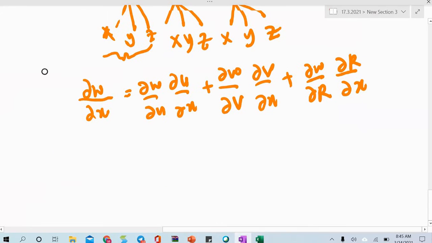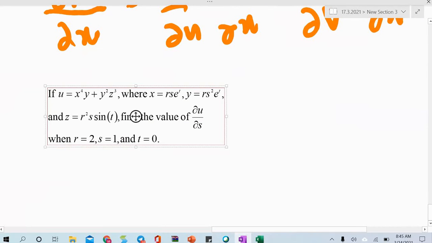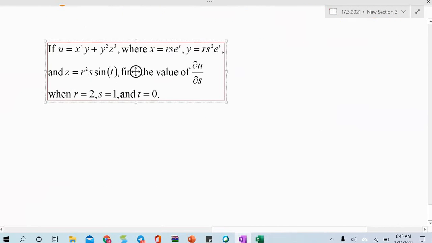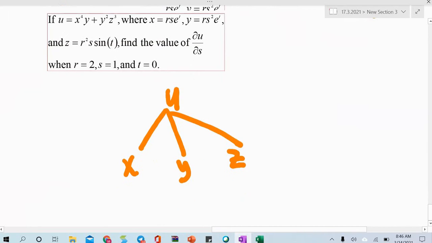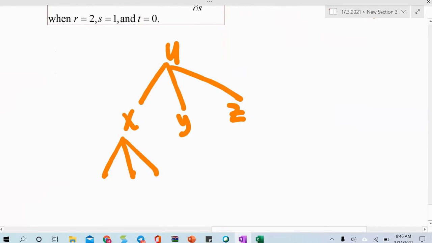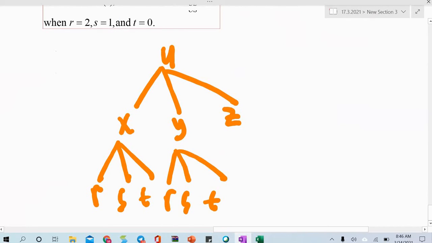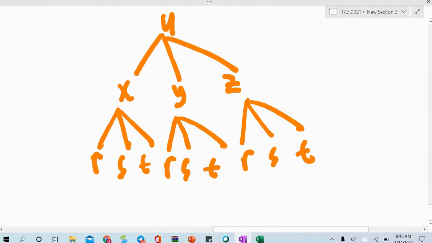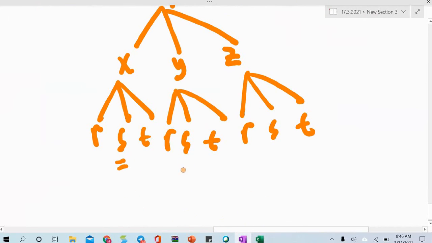Try to do this. Pass your question. Your x is RST, your y, your z also. Del u del s only, so we just consider in the middle.